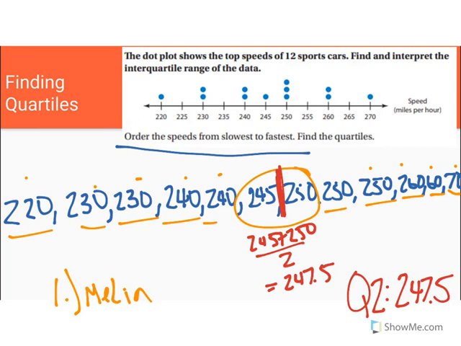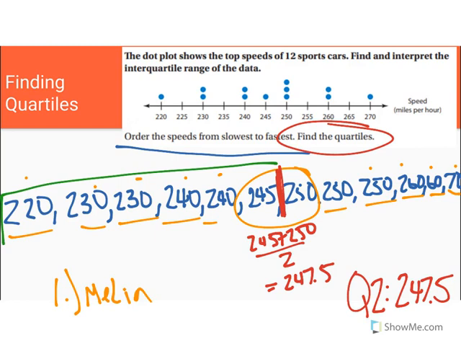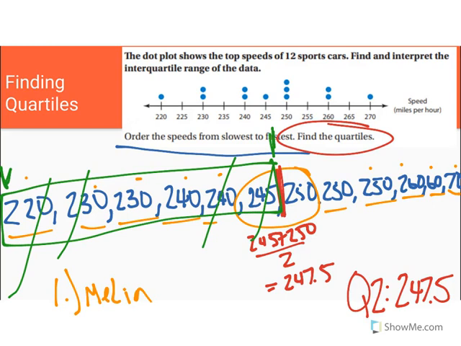Now it's asking us to find all of our quartiles, and we're actually going to have 3 quartiles. So what do I do next? Well, let me look at my first half of my data. Your first quartile is going to be halfway between your start and your middle number. Basically I'm just trying to find the median of these numbers.